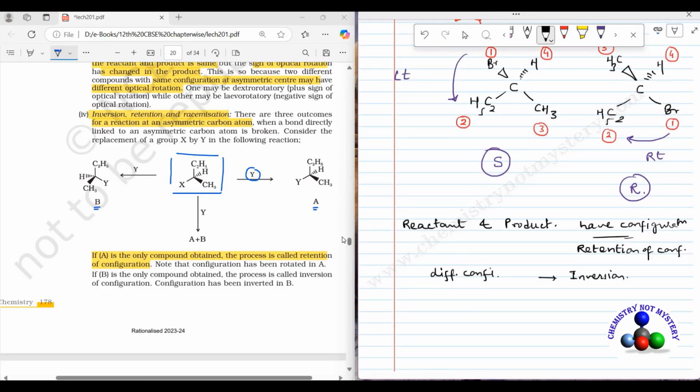So if reactant and product both have the same configuration, the reaction will take place by the retention of configuration.